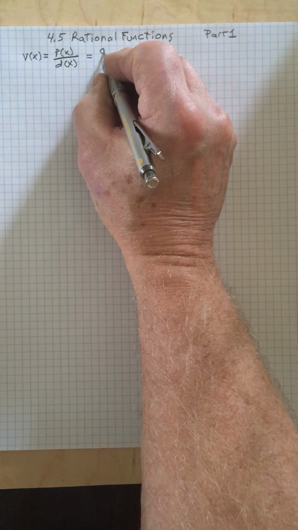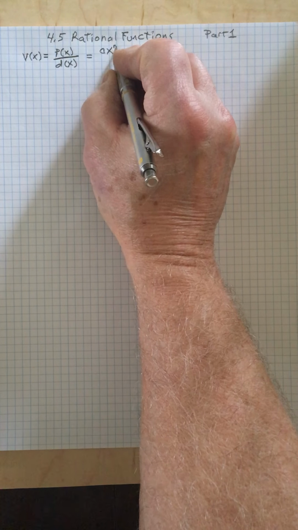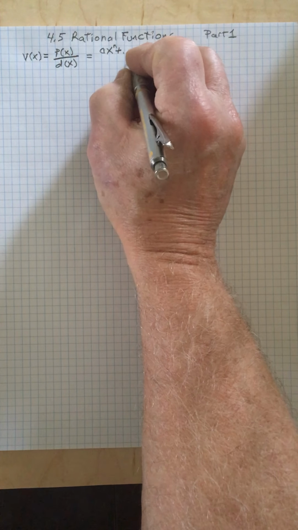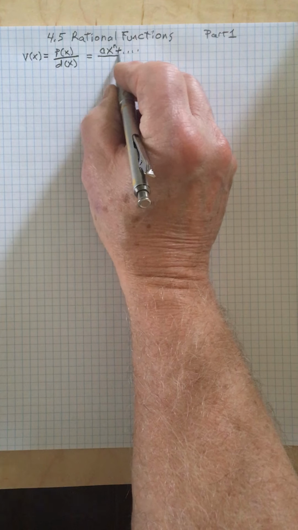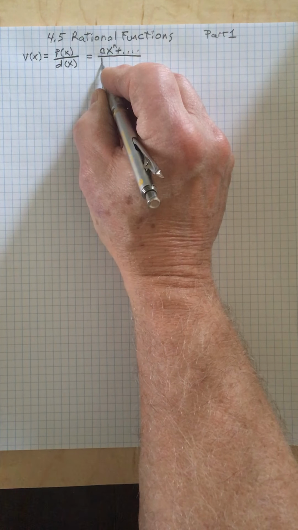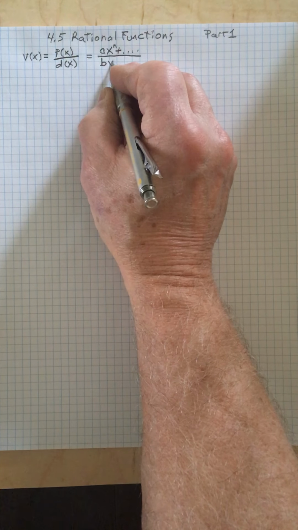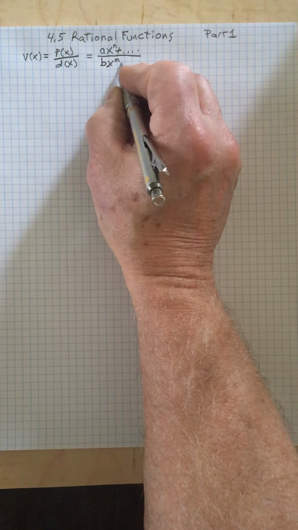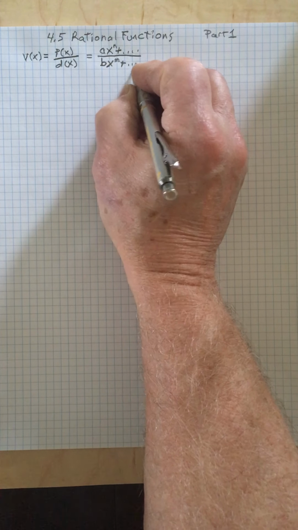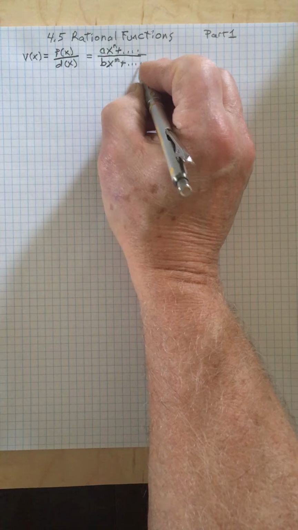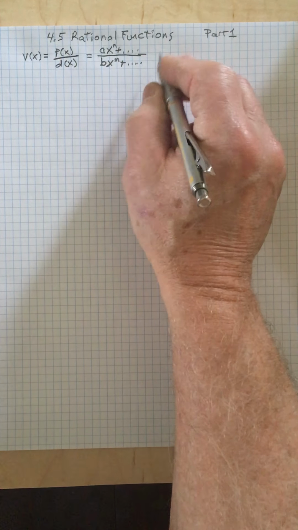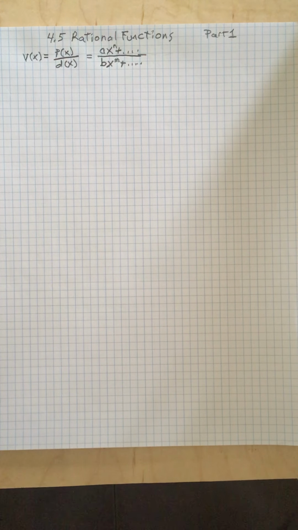Up here we might have a bunch of terms, and down at the bottom a different polynomial function, or could be the same, with its terms all the way down to a constant term if there is one.